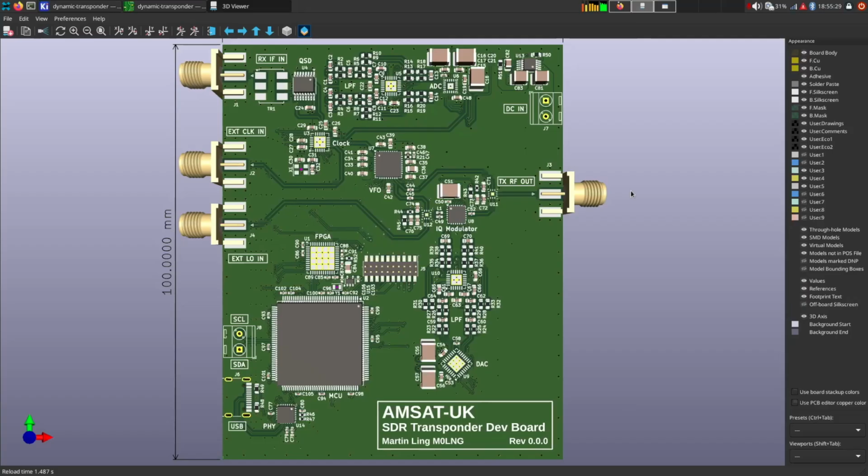In terms of power budget, there isn't really a hard number here, because this is something that could be turned on, turned off, used in different ways, and it depends what else is being done with the satellite, with the other payloads and so on.